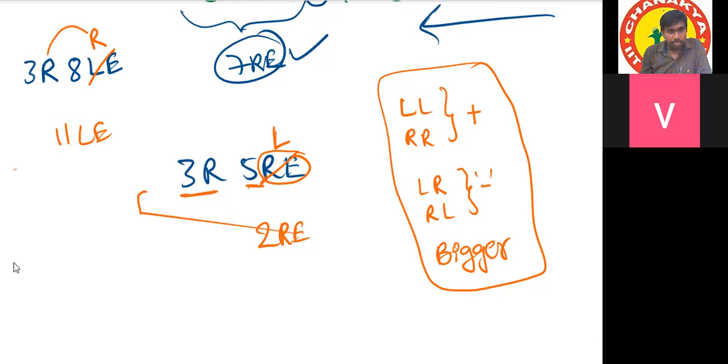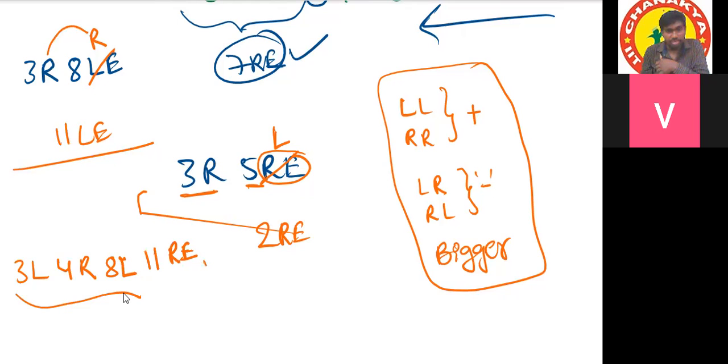Okay, tell me, third to the left of fourth to the right of eighth to the left of 11th element from the right end. Tell me, what is the position which is equivalent to all these four movements?